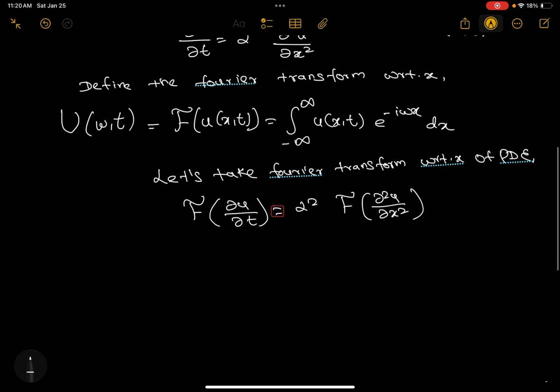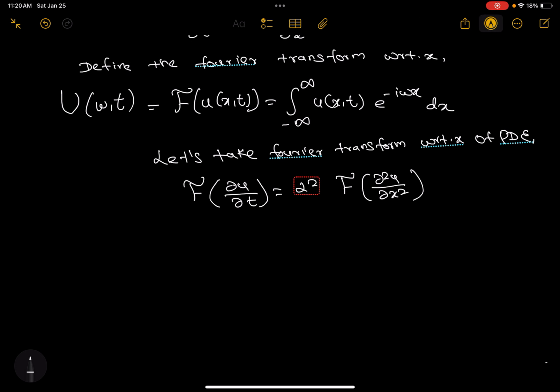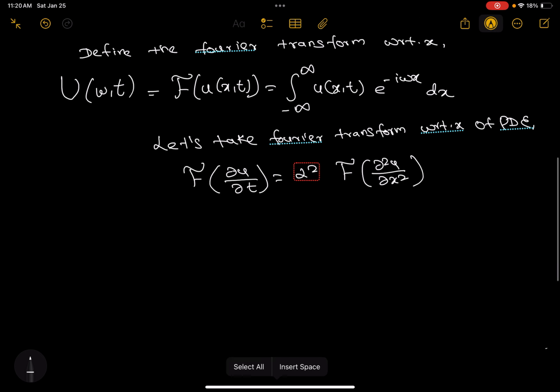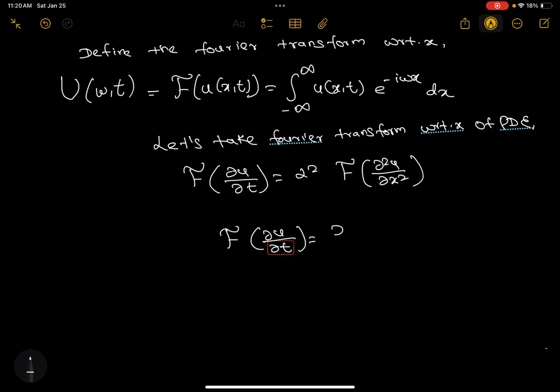Now, since this Fourier transform is with respect to x, a good thing is that for the partial by partial t, this will just be partial by partial t of the Fourier transform of u. And the Fourier transform of u is just capital U of omega comma t, right? Okay, so that's what happens.